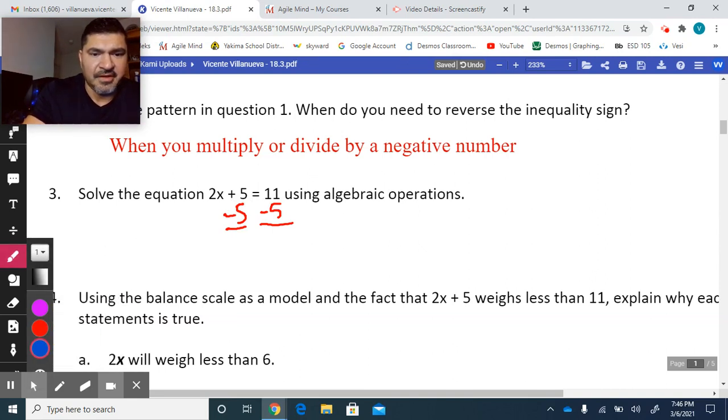Okay, so 2x is going to come down here. Positive 5 and -5 cancel. Equals 11 minus 5 is 6. Okay, I still need to isolate the x here. So I have multiply by 2. How do I get rid of multiply by 2? I divide by 2.